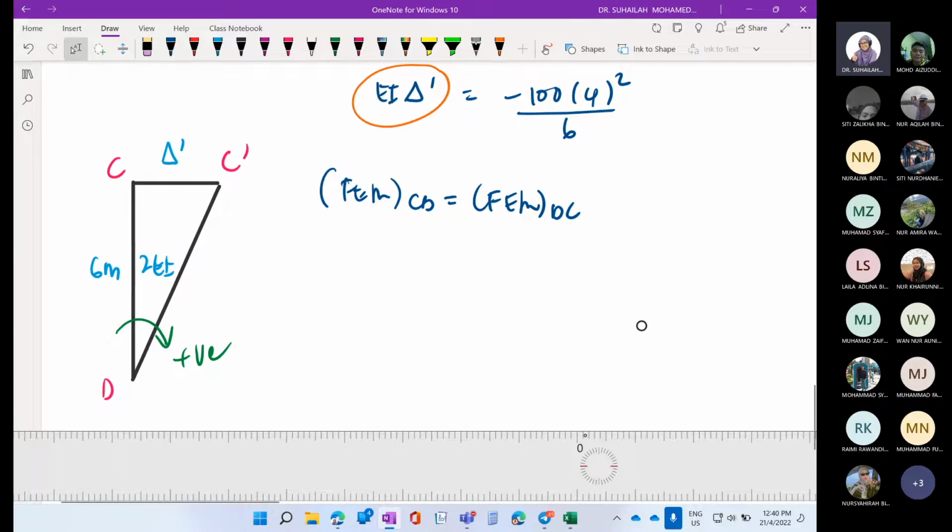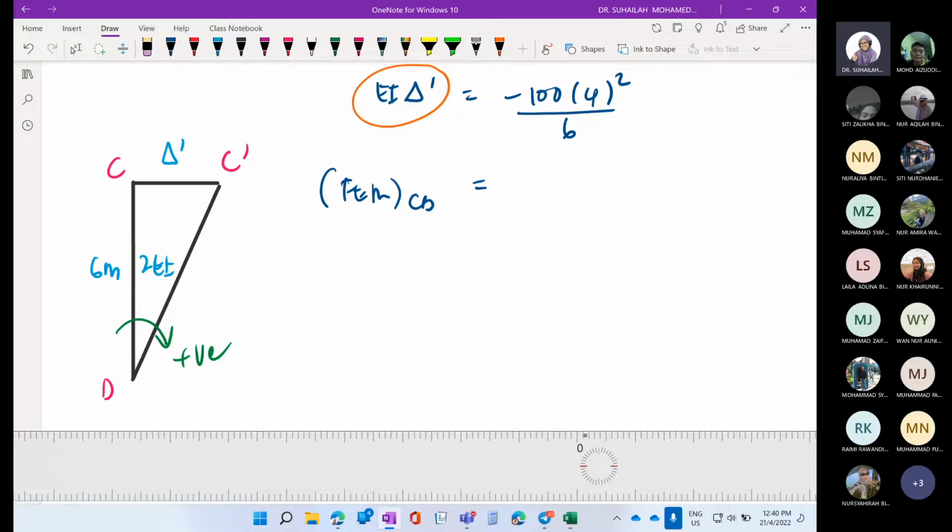Of course, you can also use FEM directly by considering the pin end.